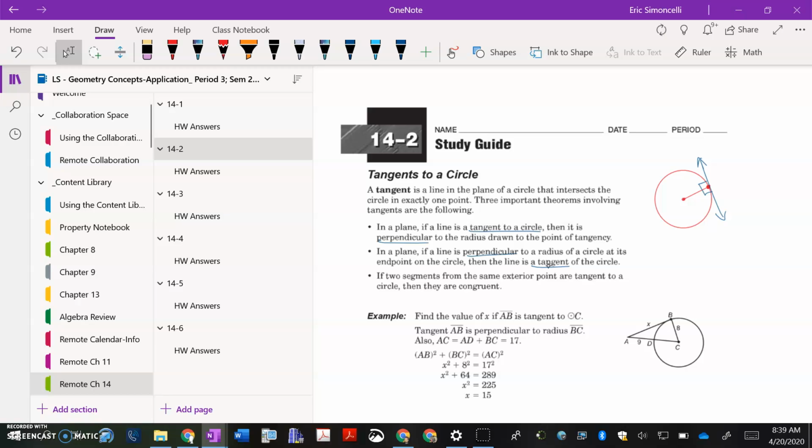The third theorem, if two segments from the same exterior point are tangent to a circle, then they are congruent. Let's draw this. There's our circle. Okay. So two segments from the same exterior point. I'm going to pick an exterior point, let's say here.